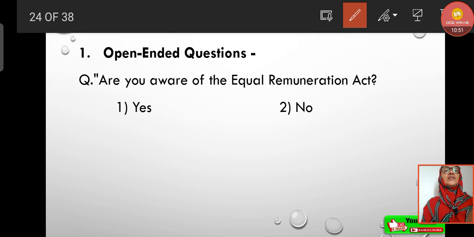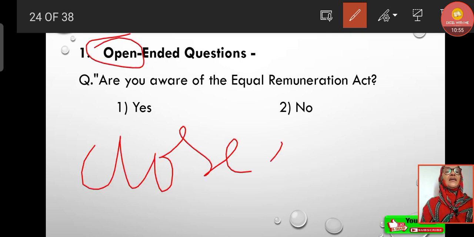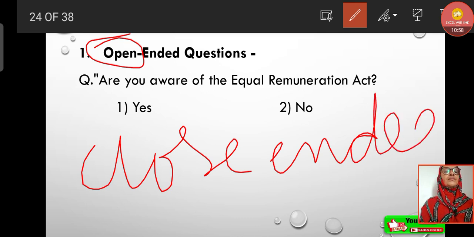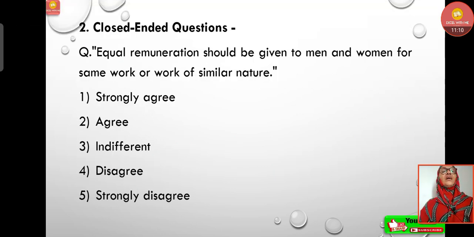A close-ended question: are you aware? That means whether you are aware or not. Here you will not have any other responses, maybe yes or no.